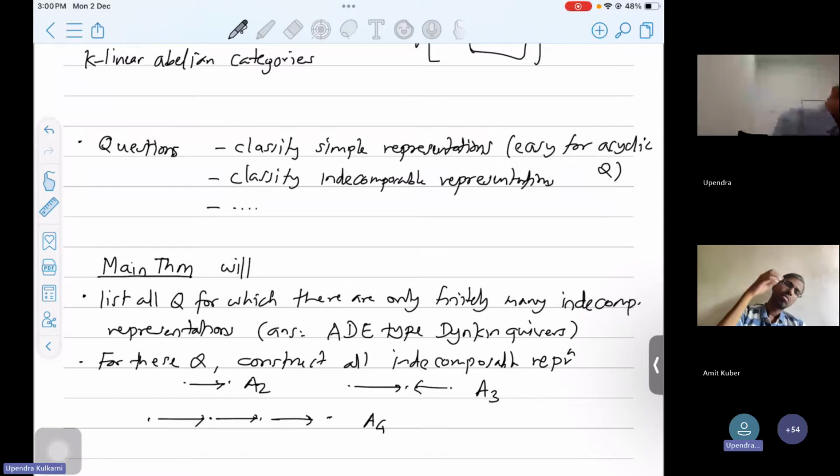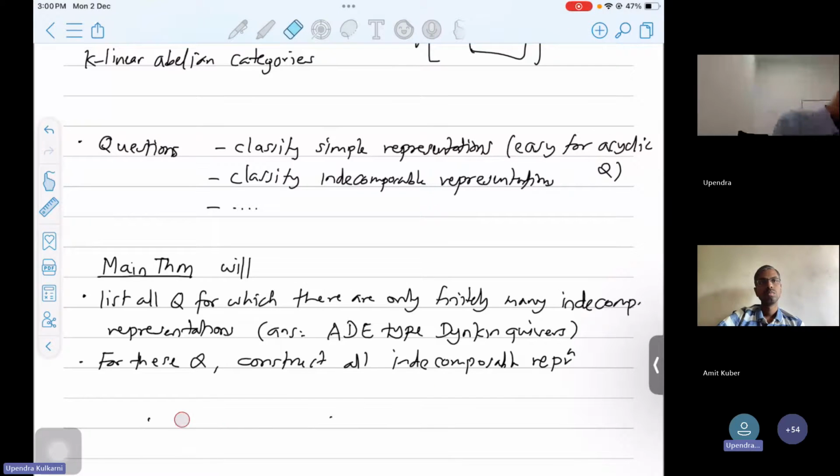And all the indecomposable representations we will be able to construct. And what will happen is that for each one of these, the map from indecomposable representation to dimension vector is a bijection.